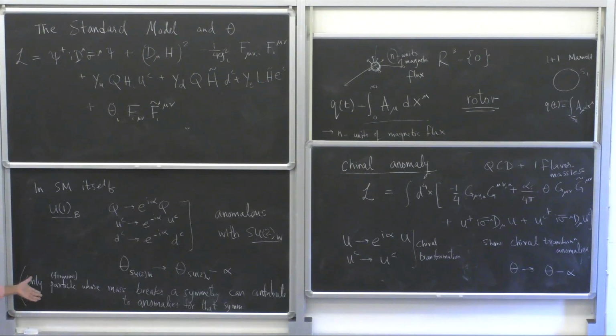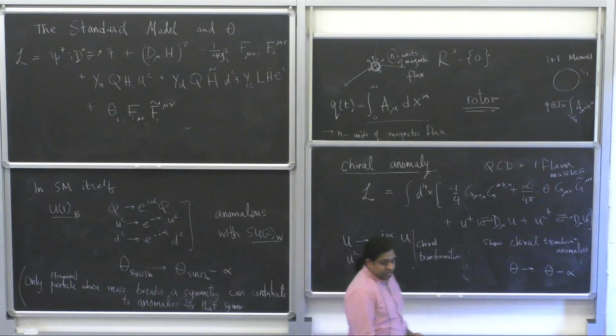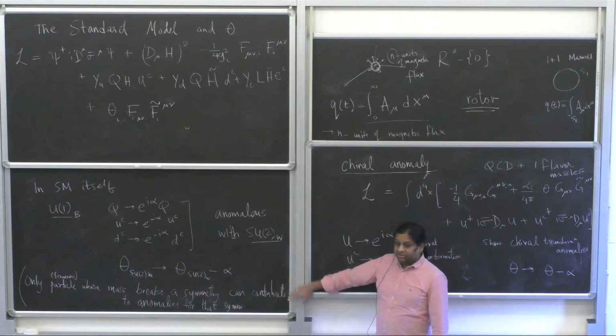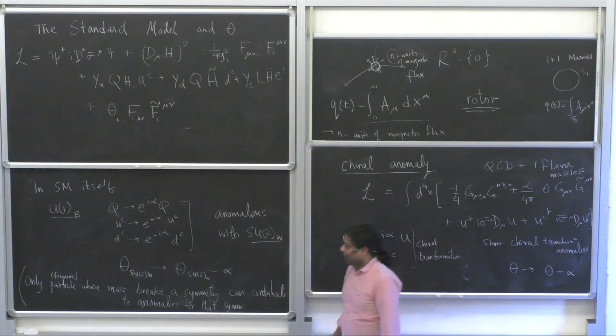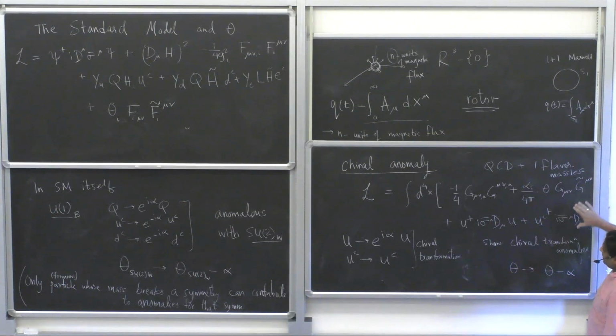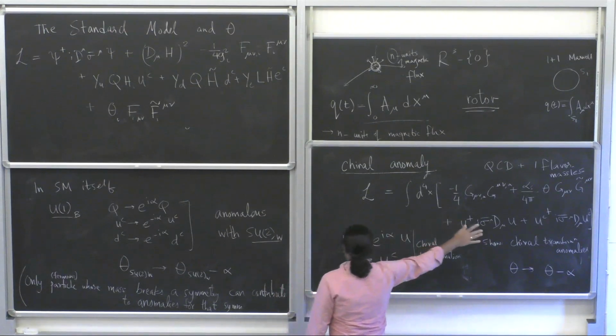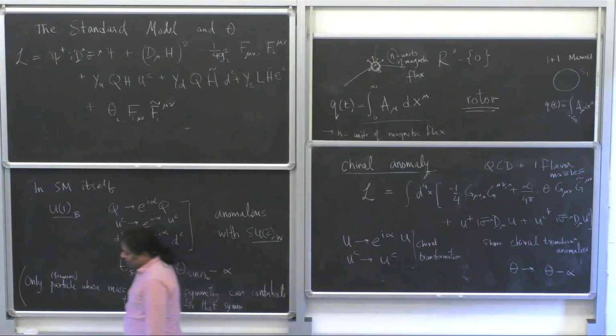So if you want some anomalous symmetry to cancel the theta angle, such an anomalous symmetry would arise from fermions whose mass would break those symmetries. Okay, so one example would be something like an up quark whose mass would break the chiral symmetry. But we don't have massless quarks. If we don't have massless quarks, then we don't have that option.